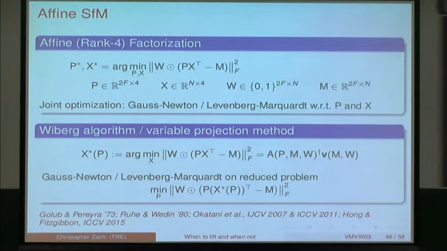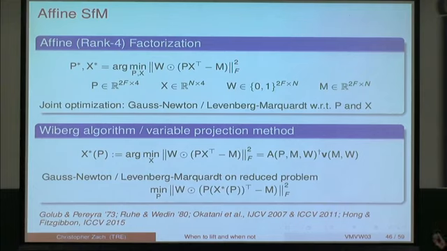The naive way to solve this problem is to minimize this cost function just over your camera matrices and your 3D points. This almost never works, and it's been reported a number of times in the literature that this method fails. Over time, there was gradually the conclusion that what really works very well is what we call the Wiberg method, or variable projection method in other literature.